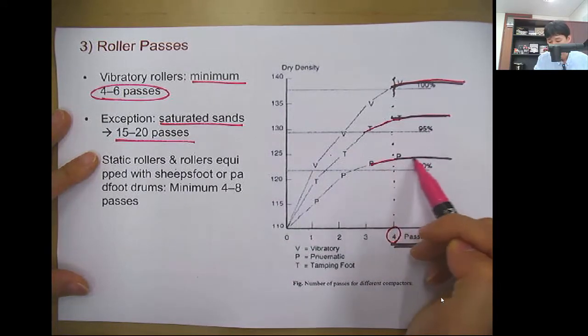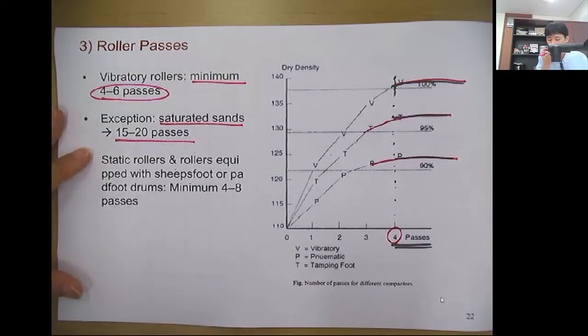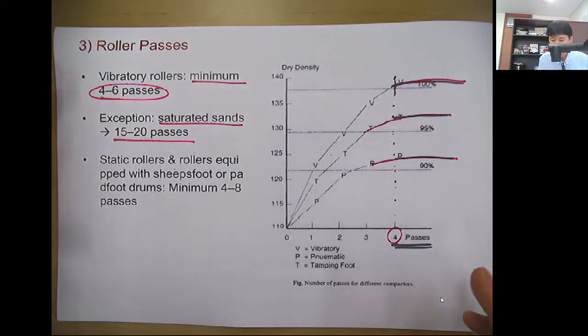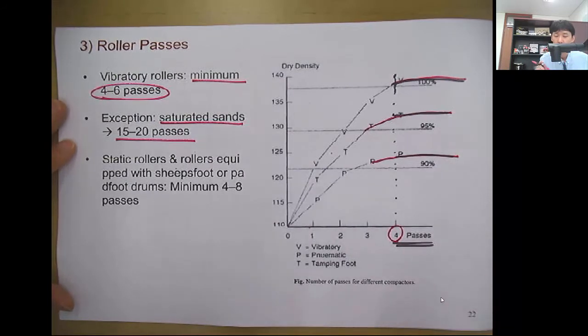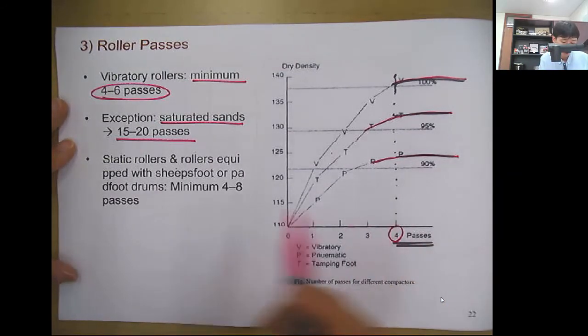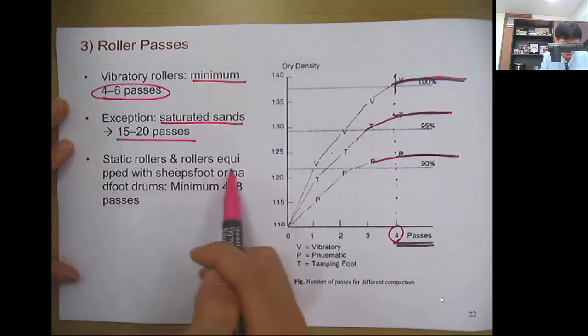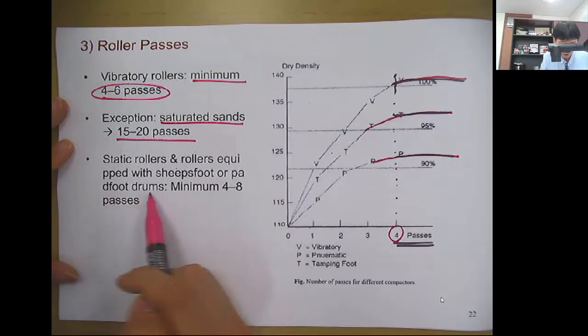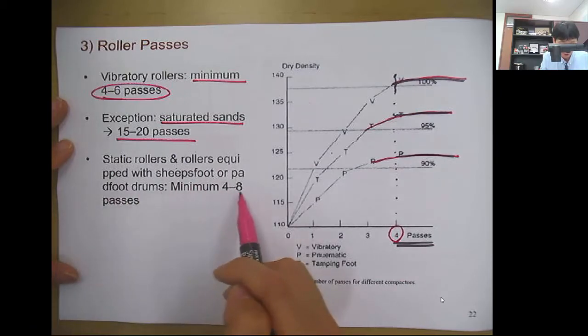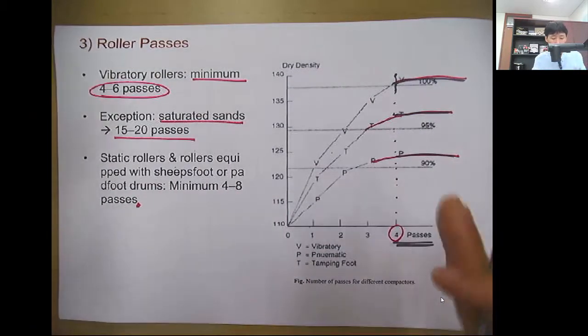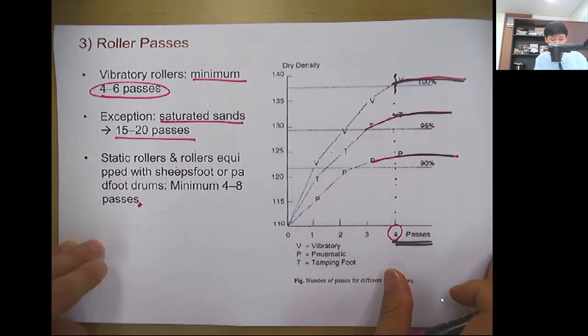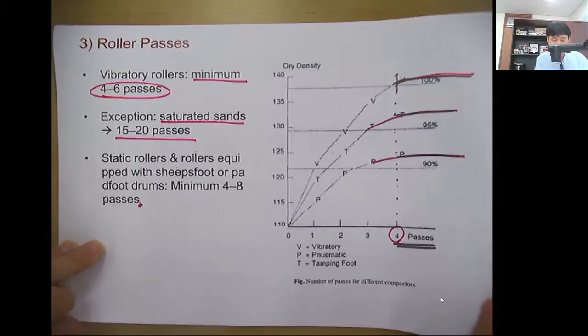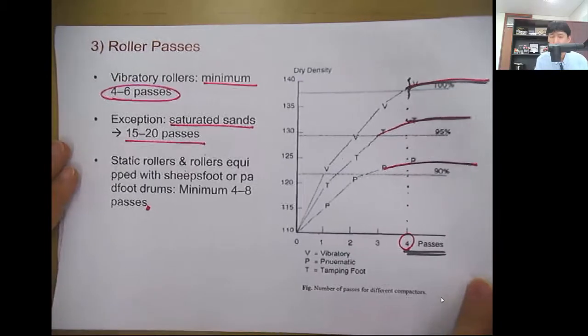So I think a minimum of 4 passes is used, and depending on the lift thickness and the equipment type, you can use 6 passes or 8 passes. Static rollers and rollers equipped with a sheep's foot or pad foot drum require a minimum of 4 to 8 passes, I think because of the low coverage and the protrusions with the kneading effect.